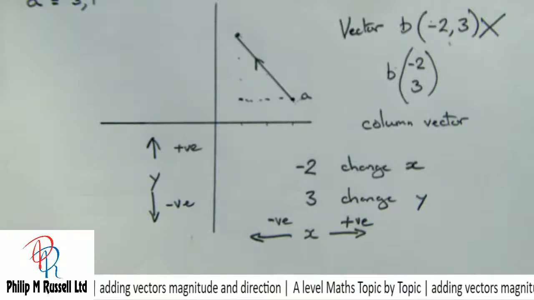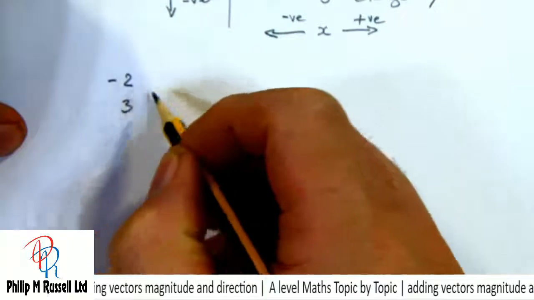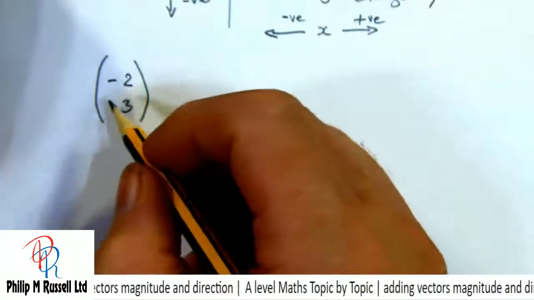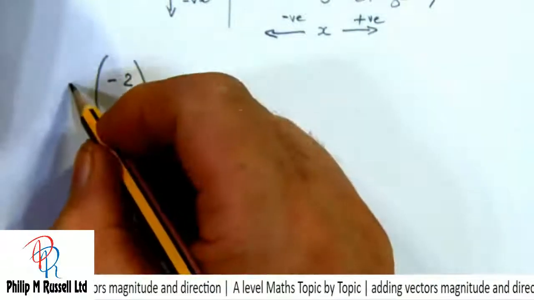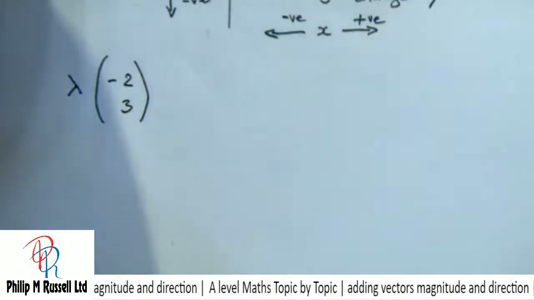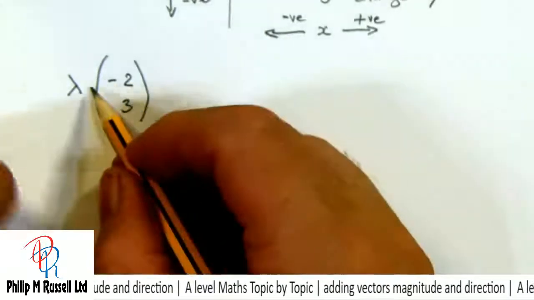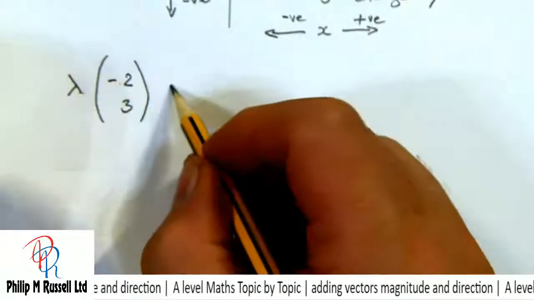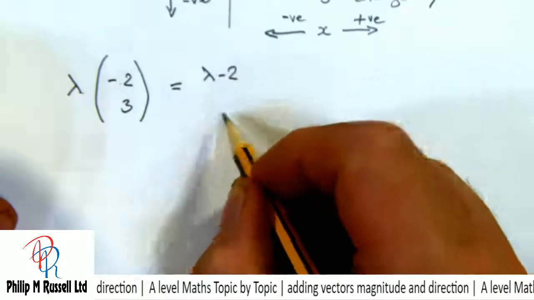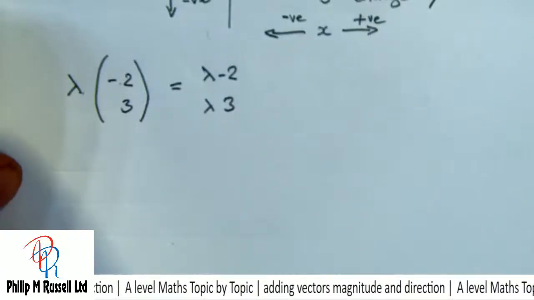If I take a vector like -2, 3, what I can do is multiply it by some sort of scalar. Let's give this a name, something like lambda. If I want to multiply that, then I multiply the top by lambda and the bottom by lambda. So that's going to equal those two.